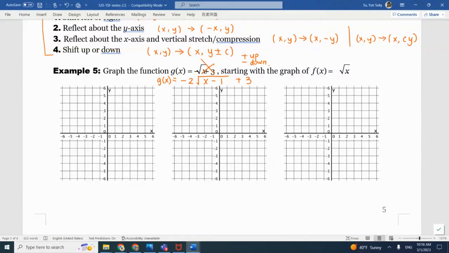You always start with the parent function. The parent functions are line, parabola (x squared), x cubed, square roots, cube roots, and absolute values. Those are the parent functions. And also remember the key points.